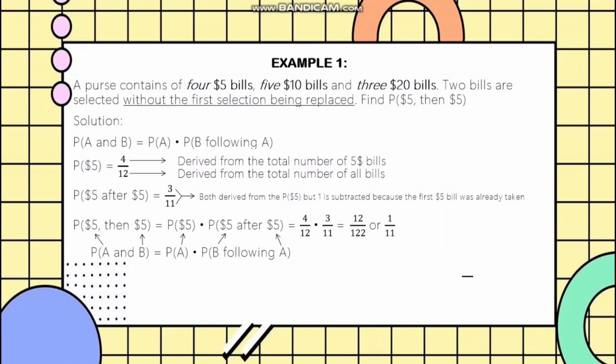The only thing you need to do is to multiply. 4 times 3 is equal to 12, then 12 times 11 is equal to 132. As we can see, we can simplify this number using their GCF, or greatest common factor, which is 12. So if simplified, the answer will be 1 over 11. And then the probability of drawing a $5 bill and then a $5 bill is 1 over 11.